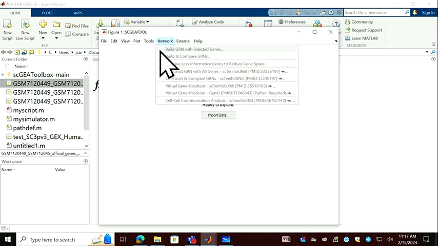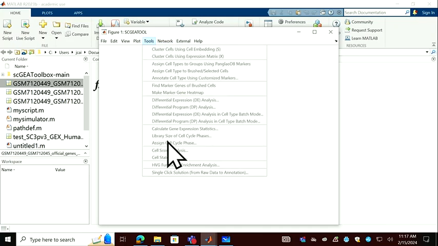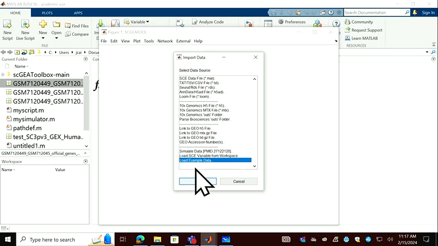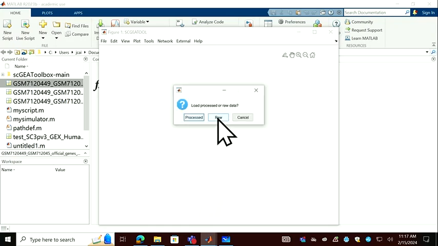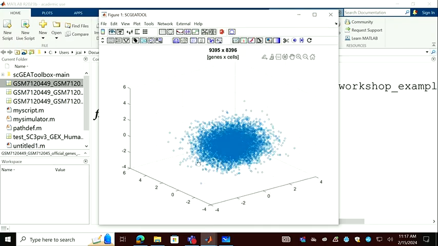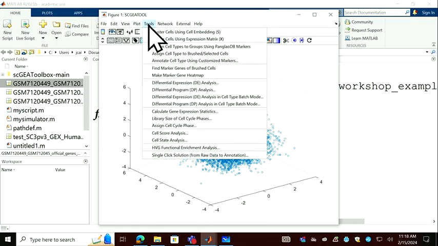So you should still be able to find all the menu items from your old interface, just reorganized. You do the same thing to, for example, load example data. This time, we are going to load in raw data. Okay, no embedding. You will see the same two bars, just with some manual changes.